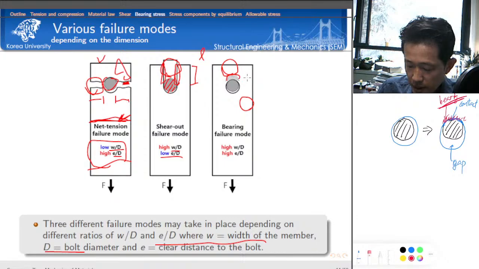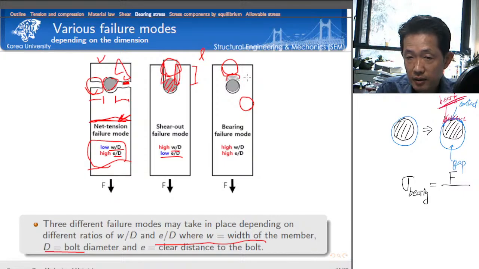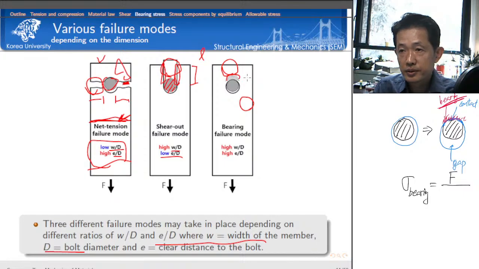Then how do you calculate the bearing stress? The calculation of bearing stress is simple. Please make sure that the unit of stress is force divided by area.